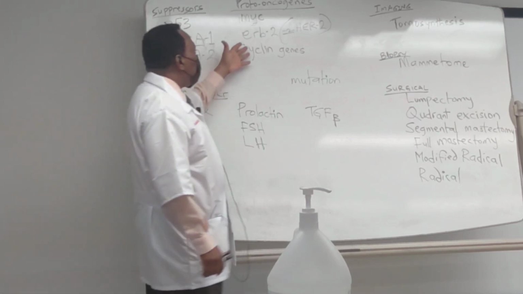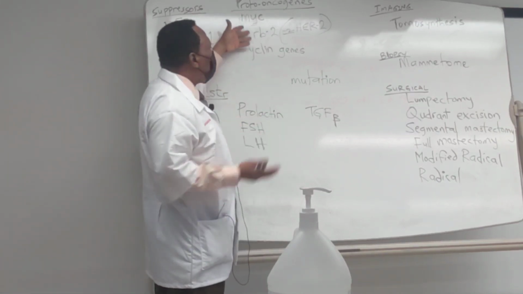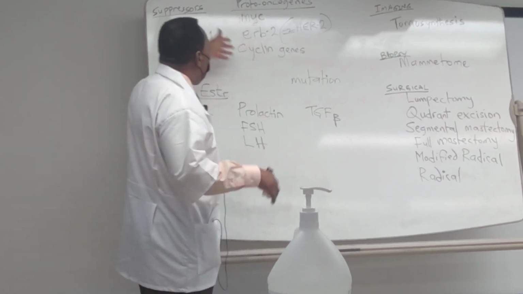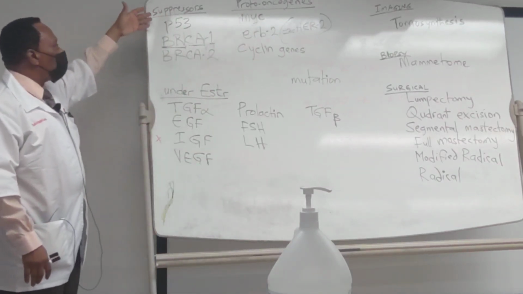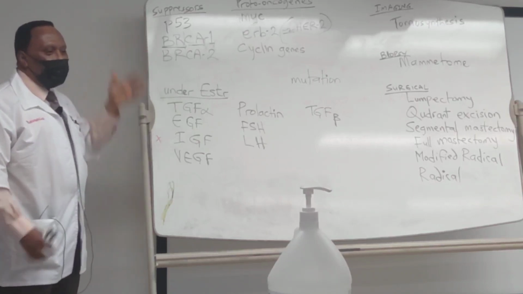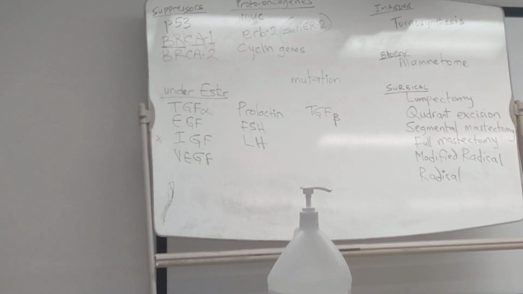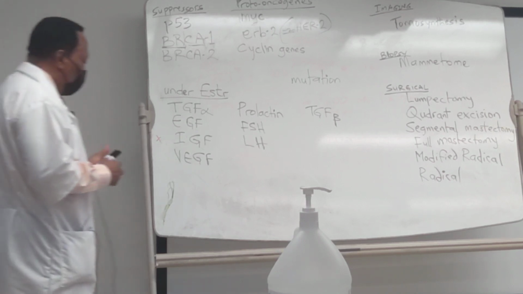So either an increase in the expression of your proto-oncogenes or a decrease in the expression of suppressor genes can increase your chances of getting breast cancer.